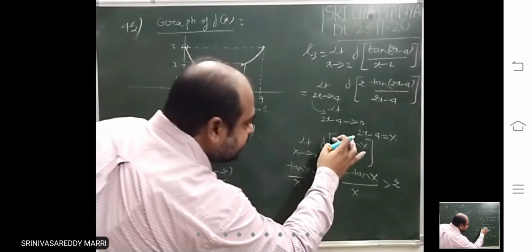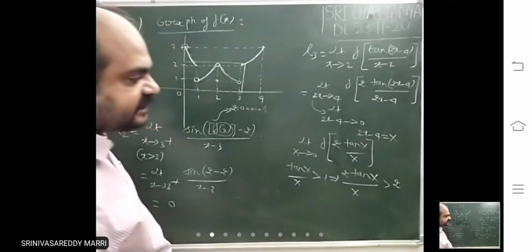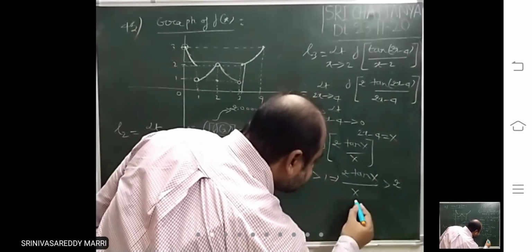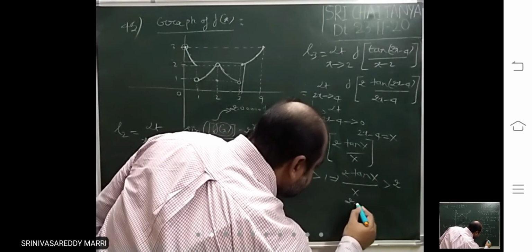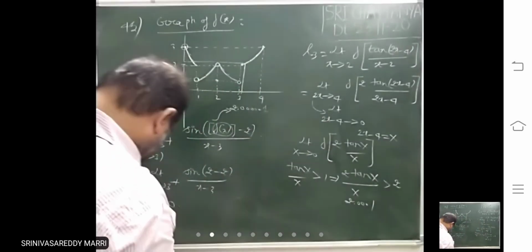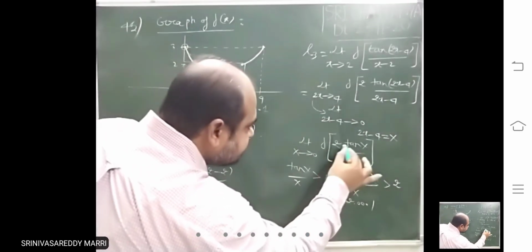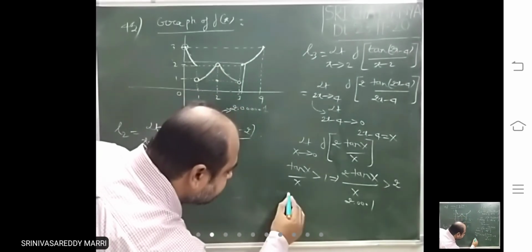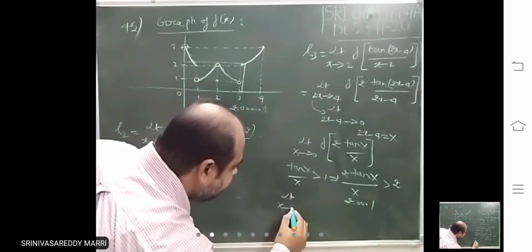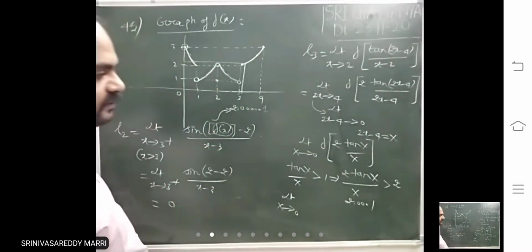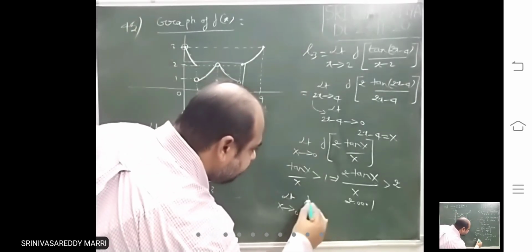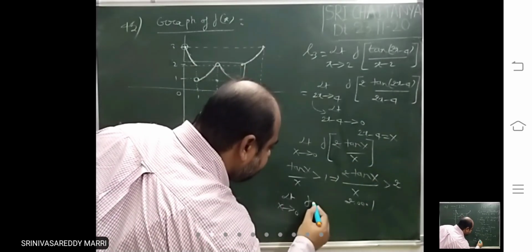That means whatever 2 tan x by x is there inside the step, that is just greater than 2. That means this step value will become 2.